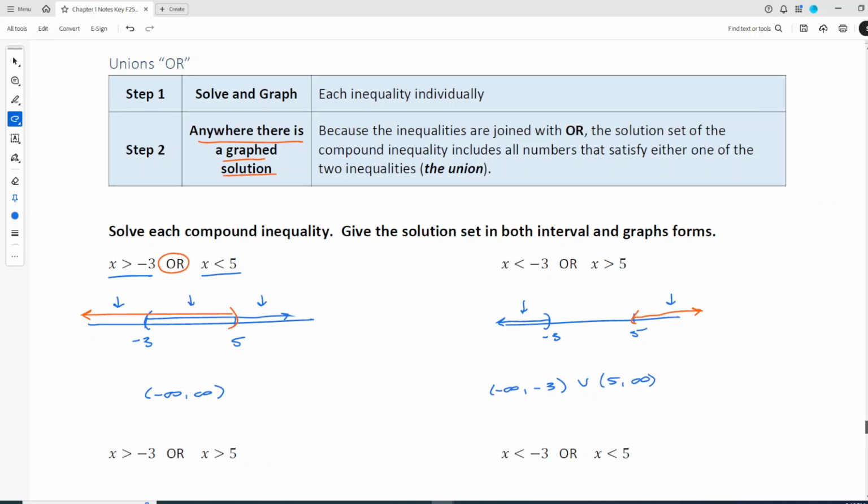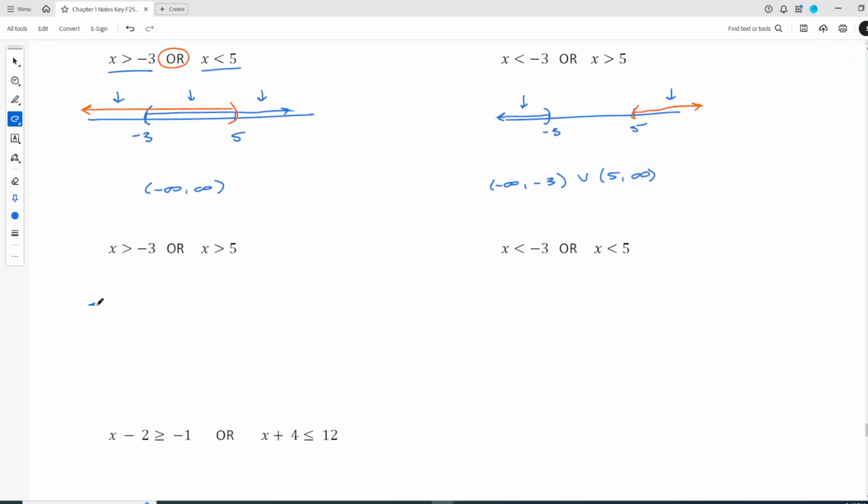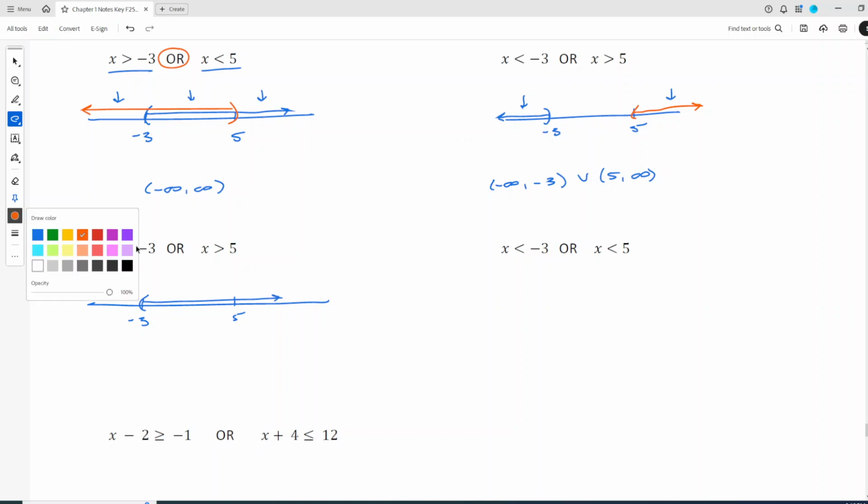All right, next one. For this next one, again, we're going to put this on a graph. We've got a -3, we've got a 5. X is greater than -3 is a round bracket opening to the right. X is greater than 5 is also a round bracket opening to the right. Now we're looking for anywhere there's a graph. So the only place that won't have a solution is down here.